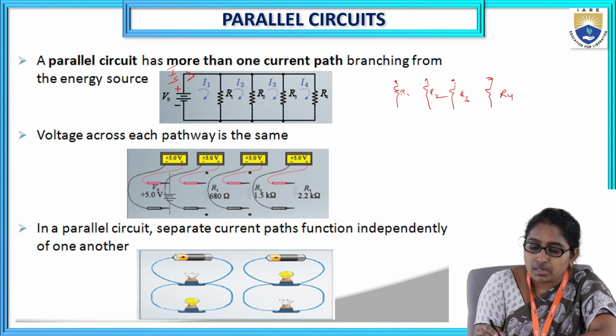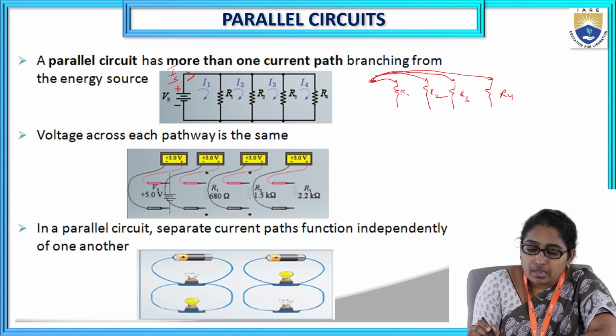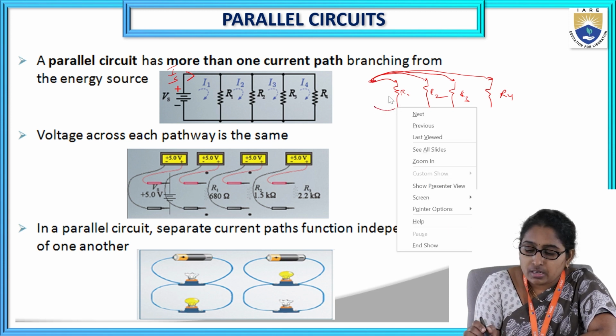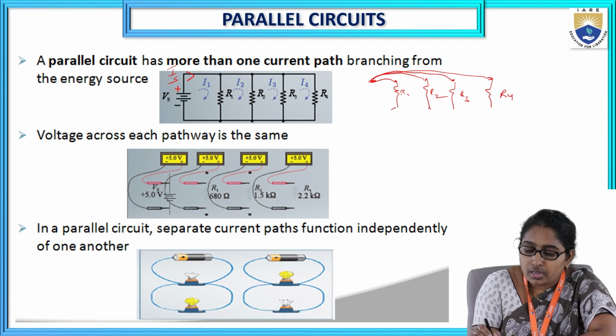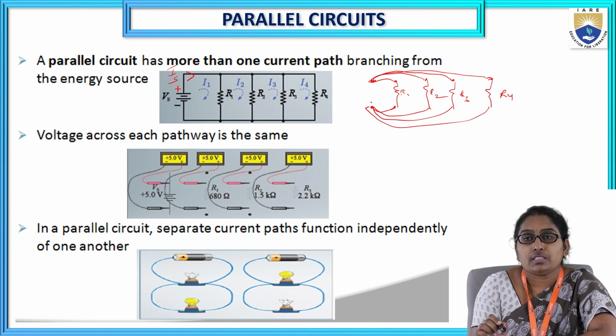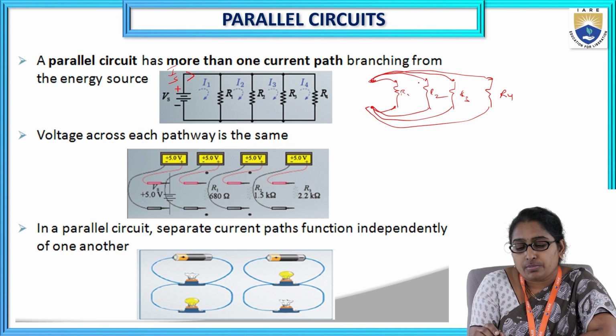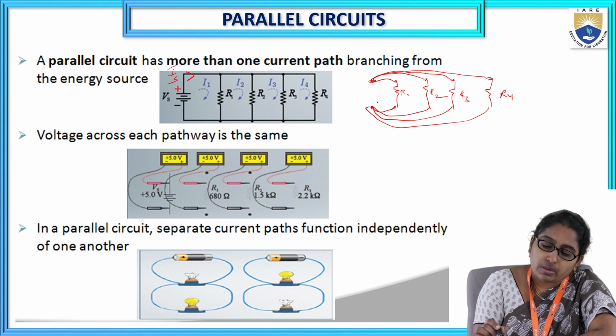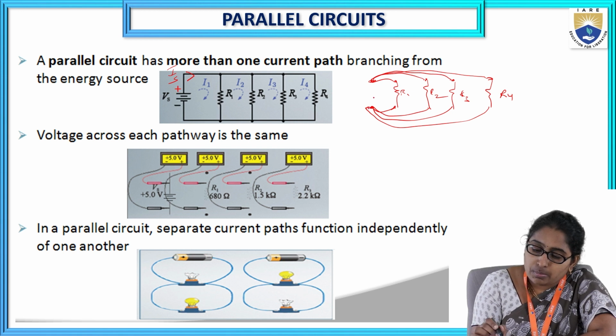If the first terminals of all elements in the circuit are connected to one common point, and the second terminals of all elements are connected to another common point, then we say that is a parallel connection.